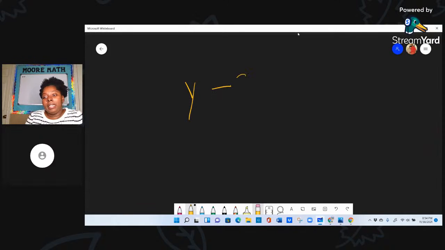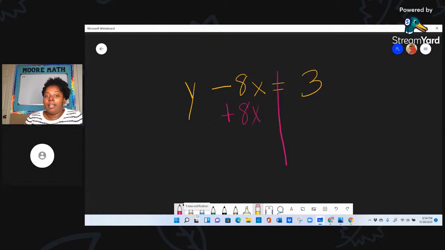Y minus 8x equals 3. Okay, walk me through it. You add 8x. Okay. Now what's left on the left side? 3. On the left side, this side of the equation. What's on it?